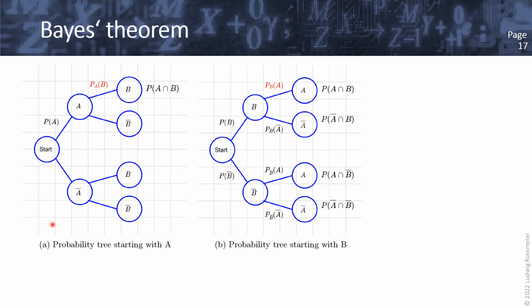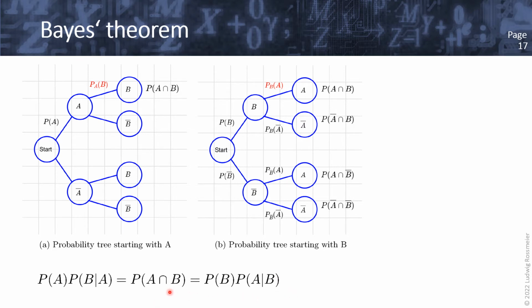Here we start with A and then we do B. Here we start with B and after that we do A. There are 2 ways to come to the probability for A and at the same time B. First we go the P of A times the conditional probability P of B given A. The second way to have both results is here to go this way, probability of B times the conditional probability of A given B. This is written down here.